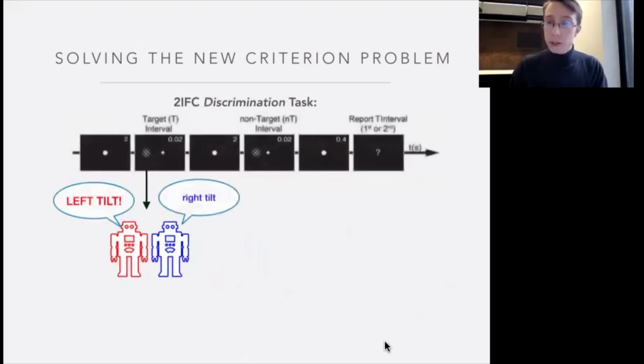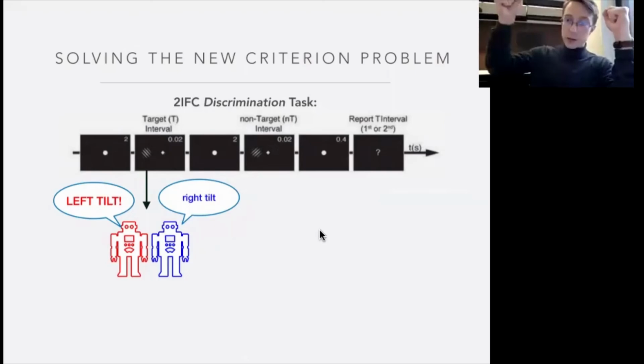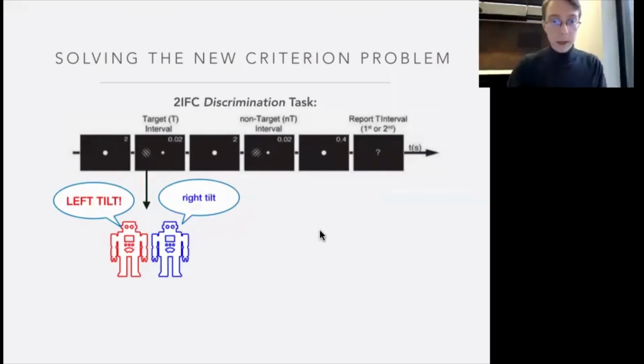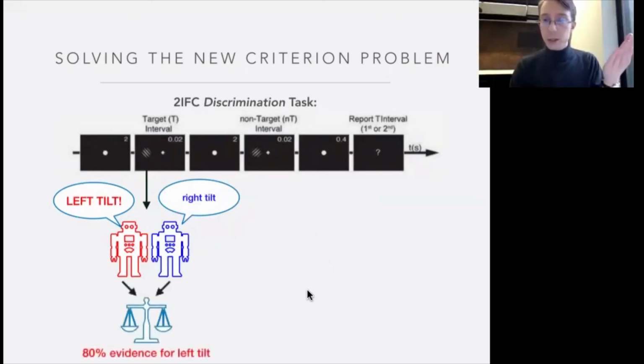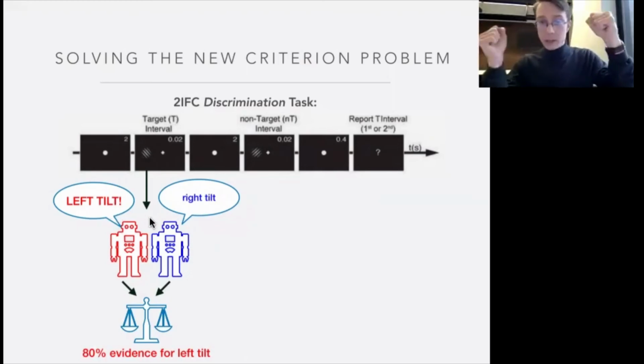In a 2IFC discrimination task, I don't have one little robot, but I have two robots because I have two feature detectors. And signal detection theory says that I solve the task in this way. My left tilt robot will say left tilt, my right tilt robot will say right tilt, and what I'm going to get at the end of the day is a balance of evidence between the strength of the signal given by my left tilt robot and my right tilt robot.